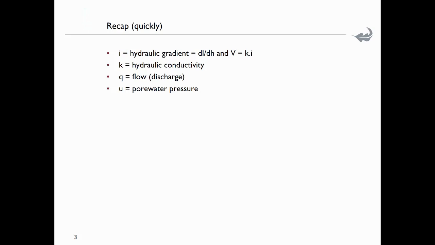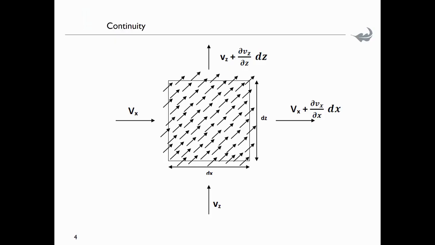So, a very quick recap. i is the hydraulic gradient, so the total volume is the permeability times the hydraulic gradient. k is the hydraulic conductivity, Q is the flow rate or discharge, and u the pore water pressure. In this particular drawing, I'm just showing how water could flow through soil.